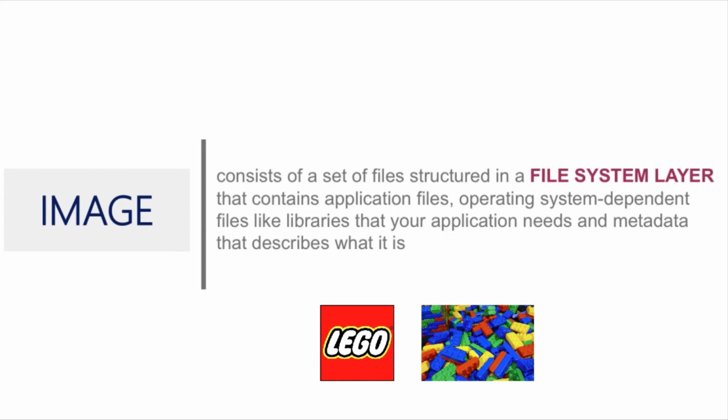Every single Lego piece would contain files that your application will be using, maybe changes to the operating system, maybe configuration files, maybe metadata, and every single one of these file system layers with the instruction manual, which is the image metadata, would form the Docker image. The metadata or the instruction manual describes how the image would look based on these different file system layers, or as I call them, different Lego pieces.